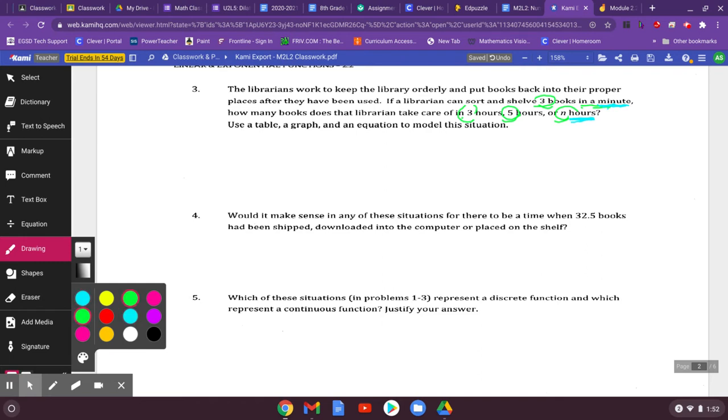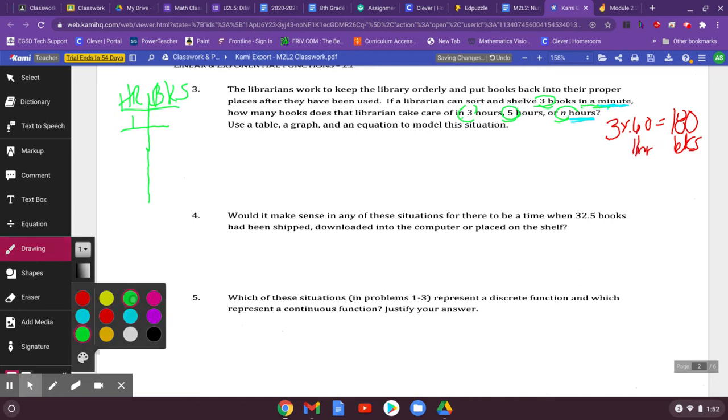So first of all, let's make our table. We have hours and we have books. And this is shelving books, so we have whole books, not digital. So in the first hour, how many books can she shelve? Well, if you can do 3 books every minute, and there are 60 minutes in an hour, that would be 180 books in 1 hour.